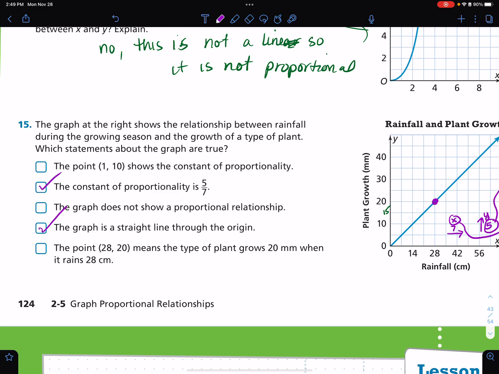That's right here. It says that the 28 is rainfall, because it tells me right here. And the 20 is growth. So does that match? Yes. So there's the answer to that one.